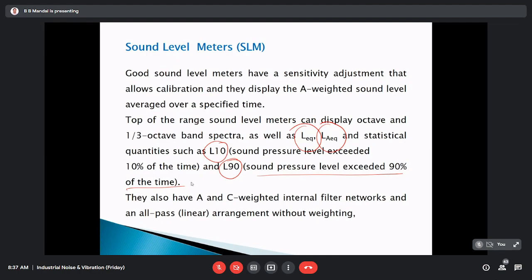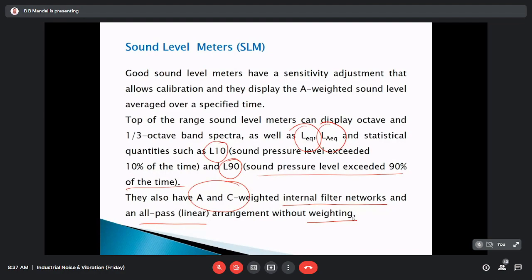And we have the internal filter networks, which I have extensively discussed, where you have the choice of A and C. Z is basically an all pass linear arrangement, which does not do any filtering at all, without any weighting. So you can simply bypass it also.